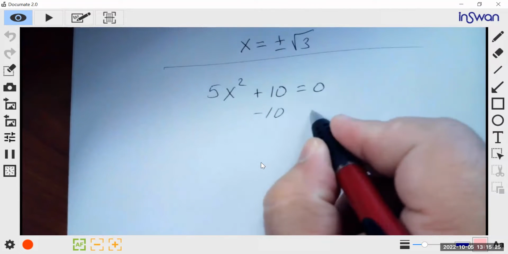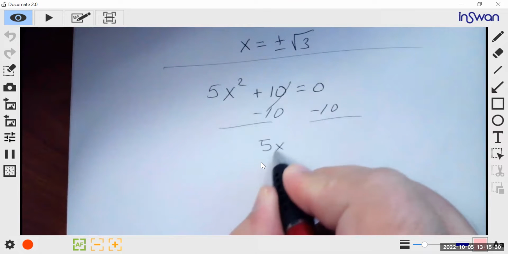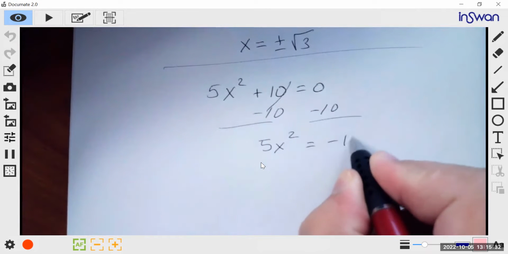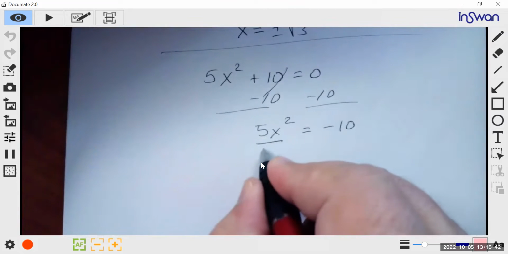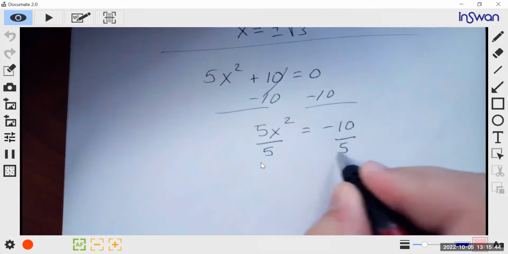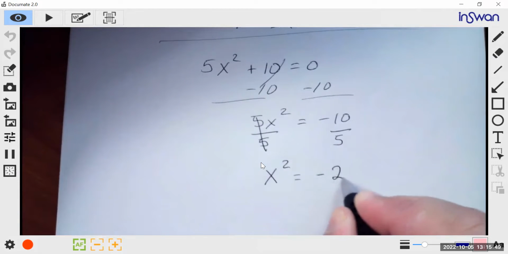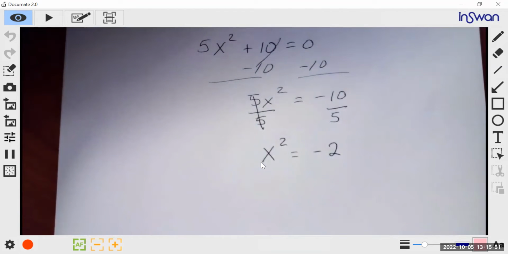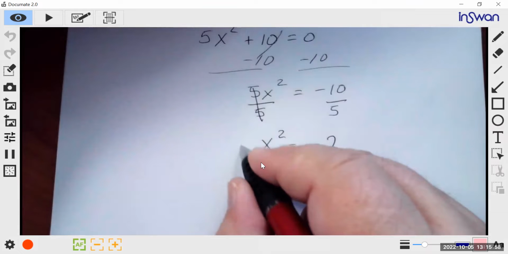Subtract 10, because you have to separate the x's from the non-x's. Then, nope. Is x squared by itself yet? Divide by 5 to get rid of the coefficient. Next step. Square root.